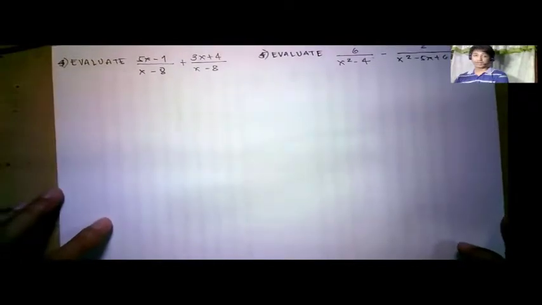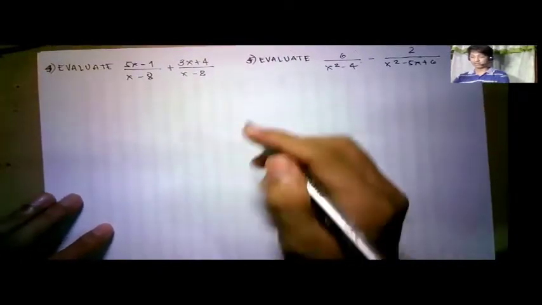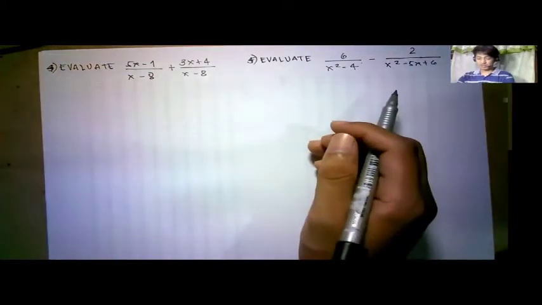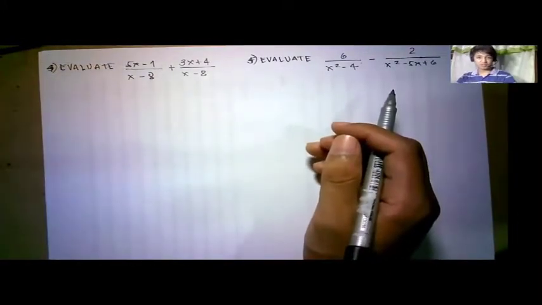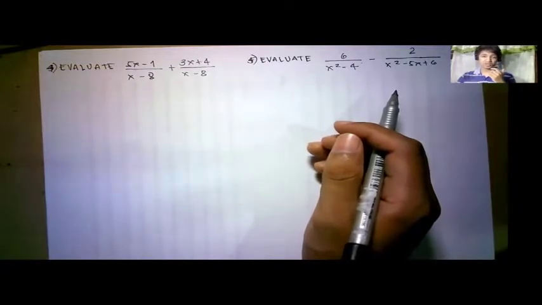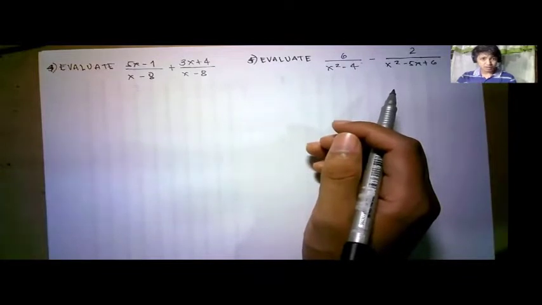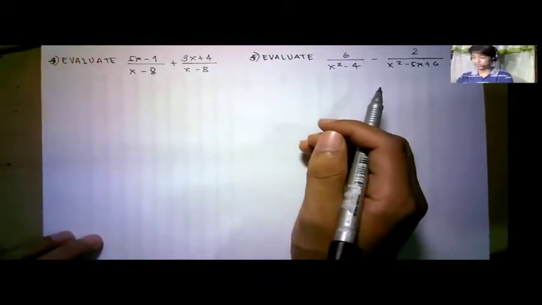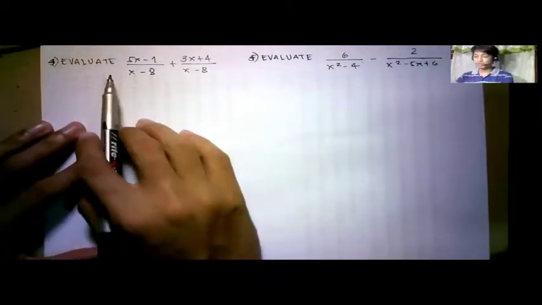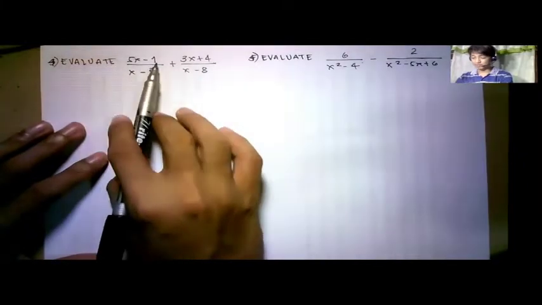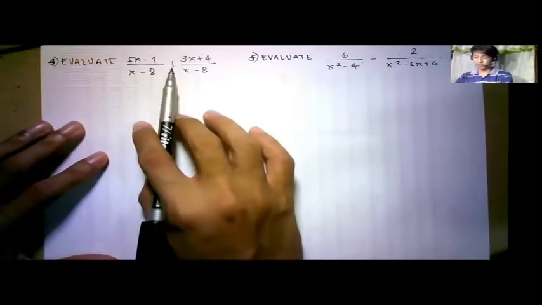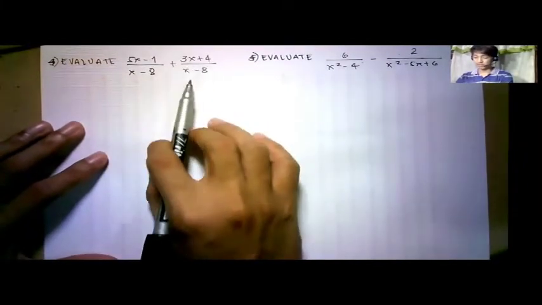Okay, so now we move to example number 4 and example number 5. So example number 4 and number 5 are operations on rational expressions, specifically addition and subtraction. Okay, so we have evaluate 5x minus 1 over x minus 8 plus 3x plus 4 over x minus 8.